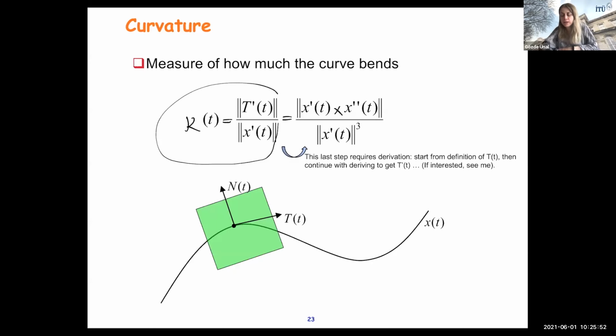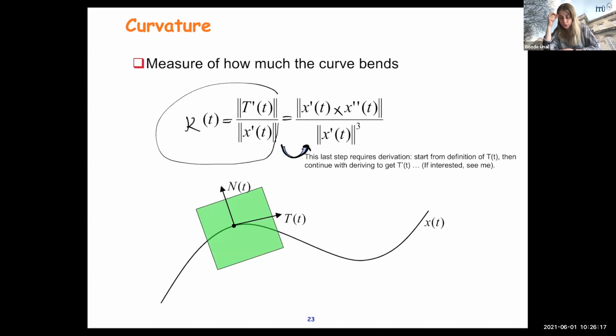This last step requires derivation. Now I recall I have this derivation somewhere in my notes from before, but I don't have it with me. If you are interested, let me know. I can upload that derivation to Ninova too. But you can go from here to here actually, now with your current knowledge. Okay?